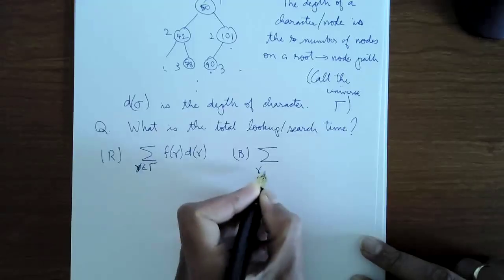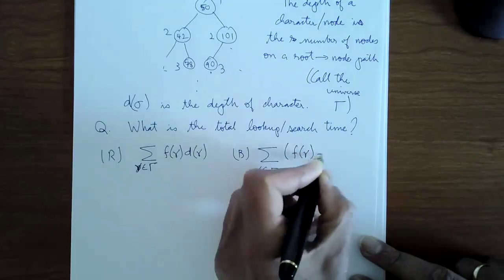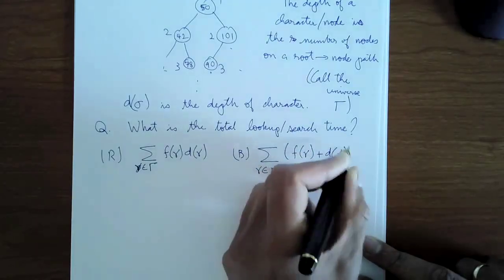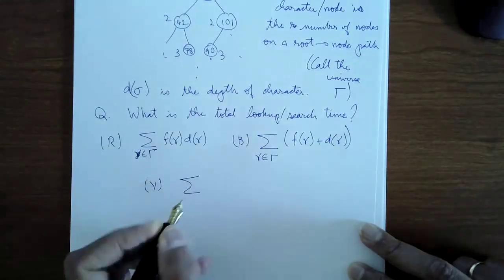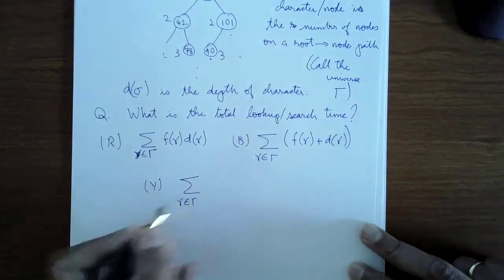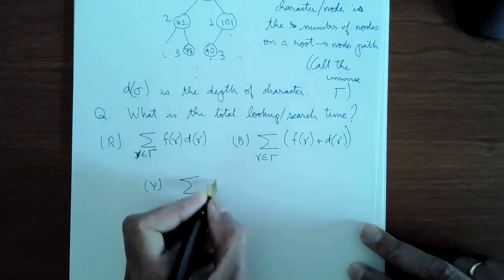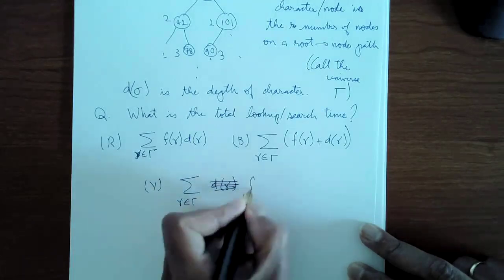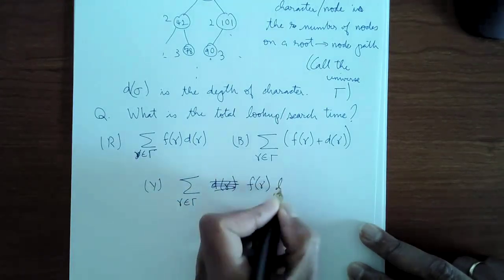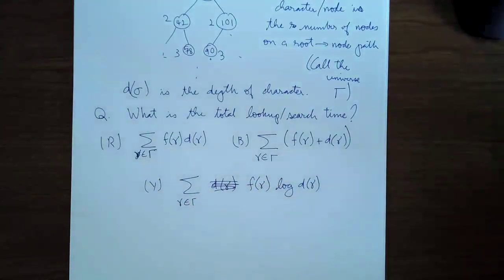Is it going to be the sum over all gamma of f of gamma plus d of gamma? Or is it going to be the sum over all gamma of f of gamma log d of gamma?